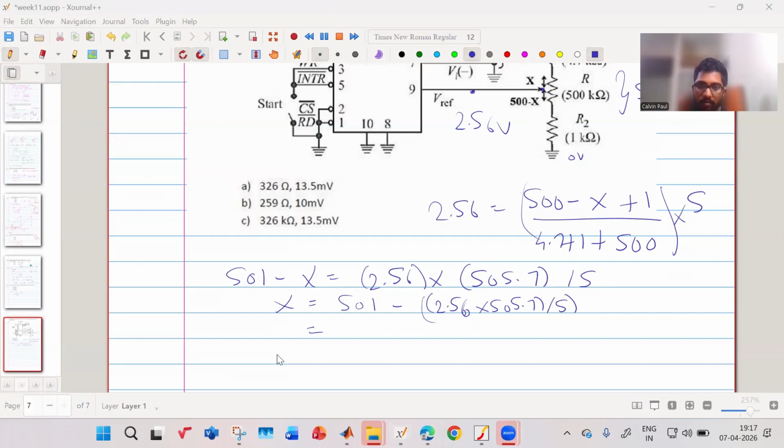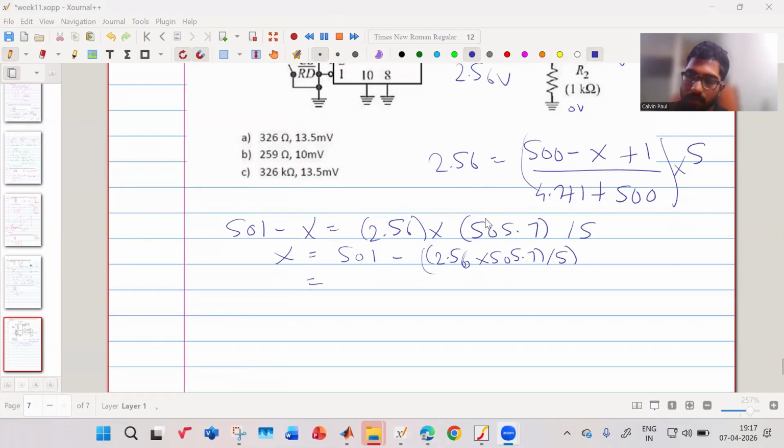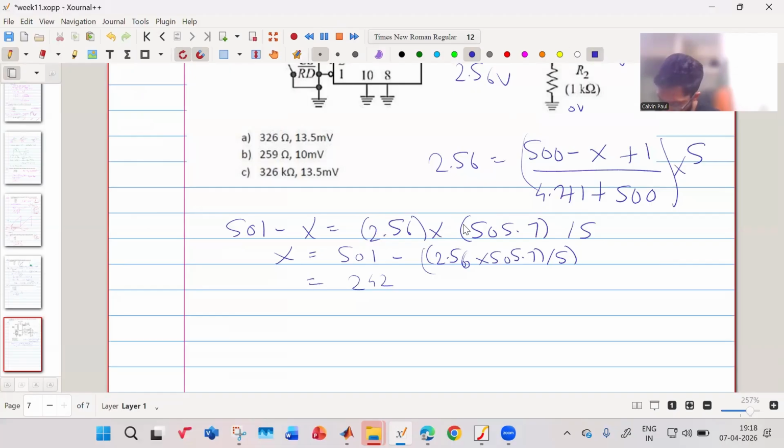Okay, it is 242. Nice, solved. Yeah, and I got 242. Correct. Your x is 242.